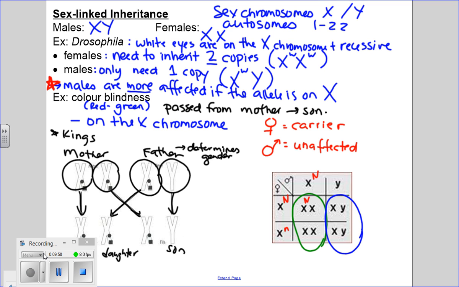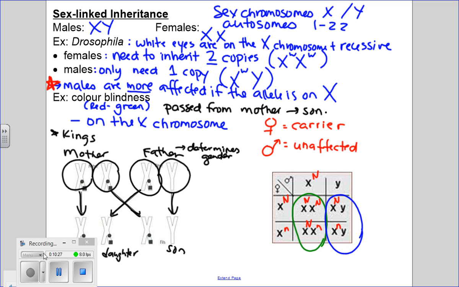If I fill this in, daughter possibility number 1 gets 2 copies of the normal allele. Daughter number 2 gets 1 copy of the normal allele and 1 copy of the colorblind allele. Son possibility number 1 gets the normal allele. Son possibility number 2 gets the allele for colorblindness.